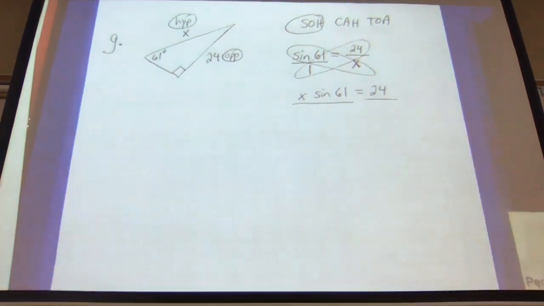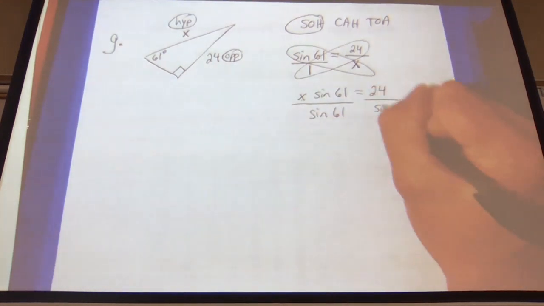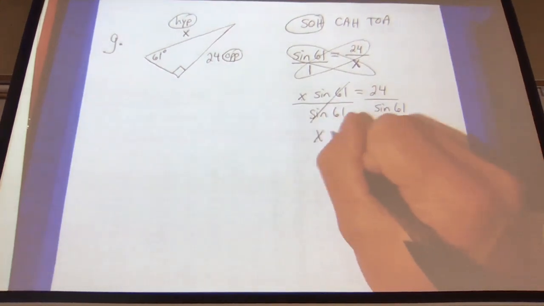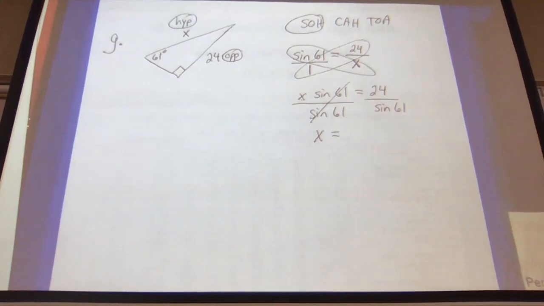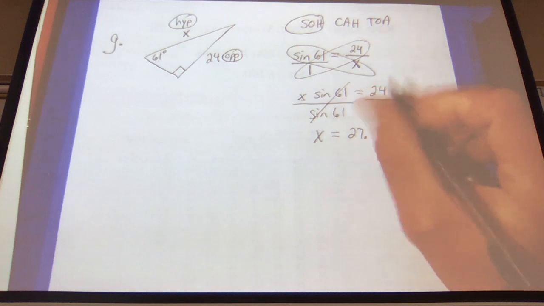To get the X all alone, what would I divide by? Divided by the sine of 61. Those are going to reduce down to 1, leaving you X. Now again, try this on your calculator to make sure you know how your calculator works. We want 24 divided by the sine of 61. My calculator gets us to about 27.4.